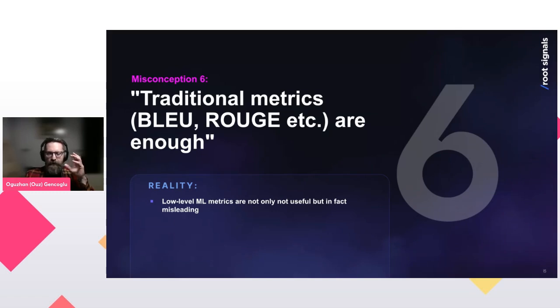They cannot capture the actual complex intricacies and nature of the things you are trying to measure. And secondly, most of these metrics require a ground truth, so they cannot be used without a reference, which is another drawback of these metrics.